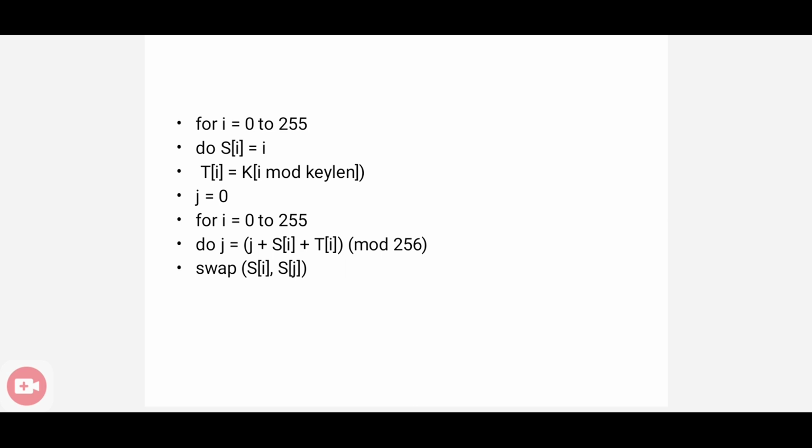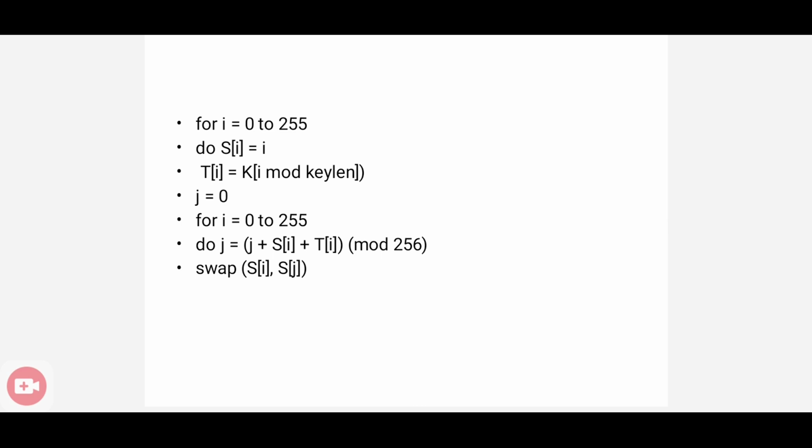We are taking a state vector with indices from 0 to 255, and the values put into this array are 0 to 255 itself, right? Then we make a temporary vector T, created using the equation T[i] = K[i mod keylength], where K is the secret key.